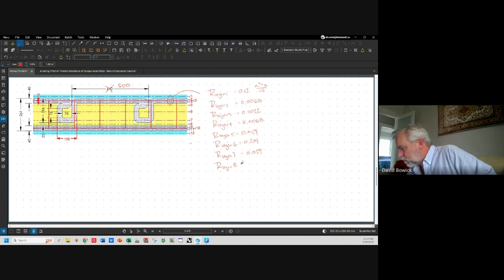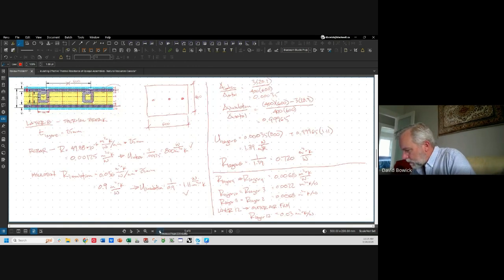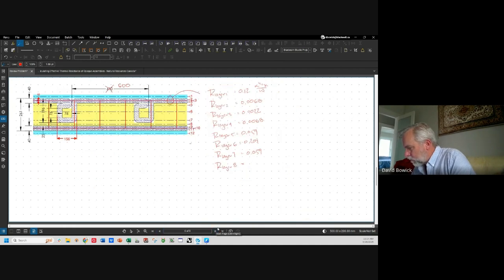Layer 8 is going to be the good one. Layer 8 is our thermal break, 0.720. Layer 9, remember, 2, 4, 9, and 11 are all the same: 0.0068.